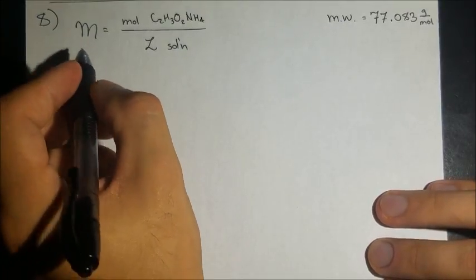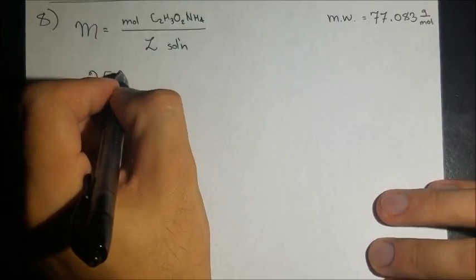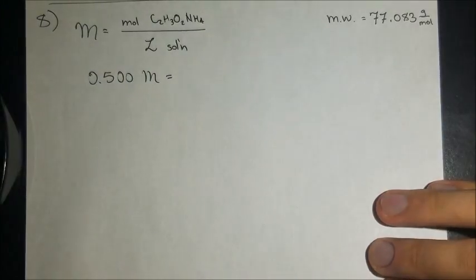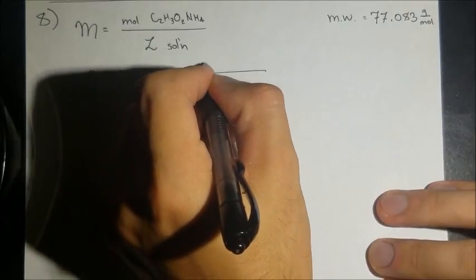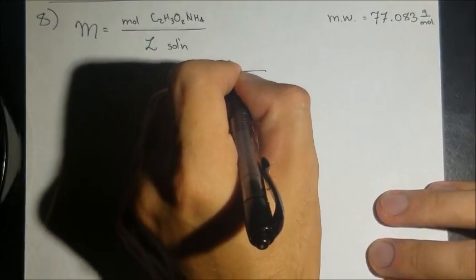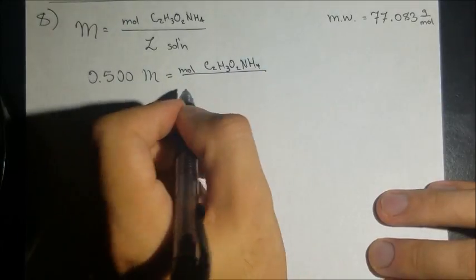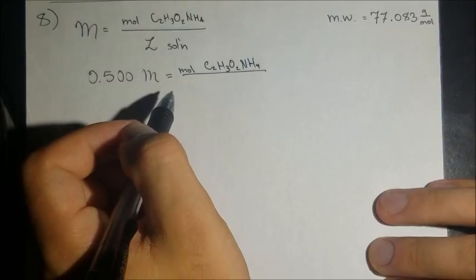So let's go ahead and show that. We want 0.5, and we got 3 sig figs, molar ammonium acetate. Perfect. And we also know the volume of the solution. We know that we want 300 milliliters, but since molarity is defined in liters, we have to express it in liters.